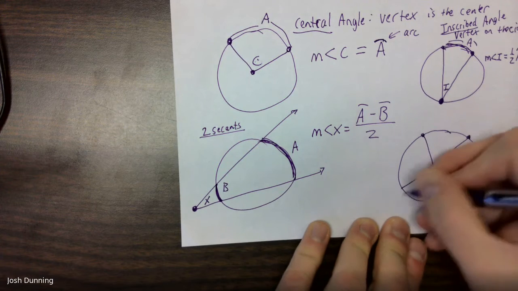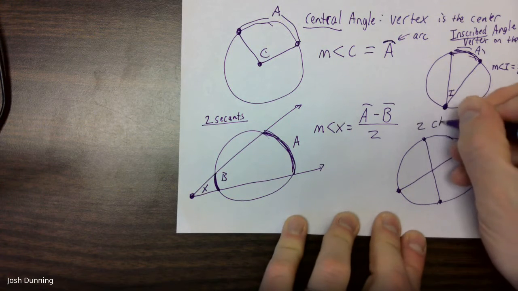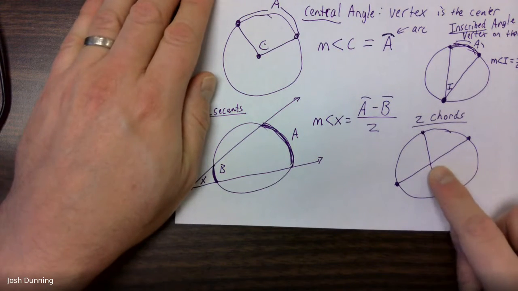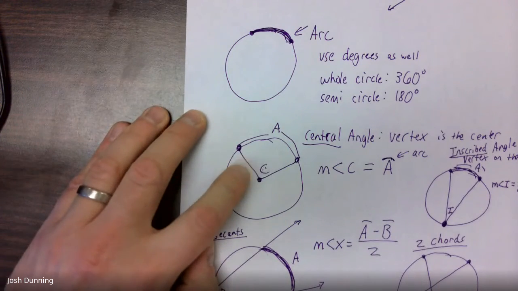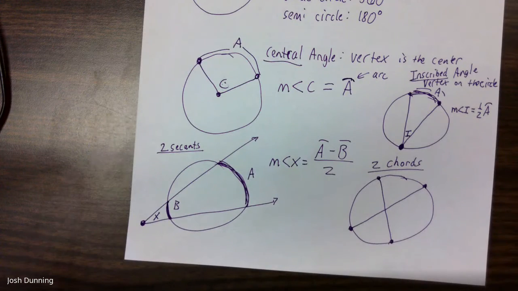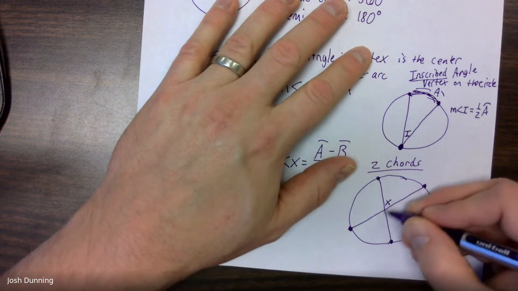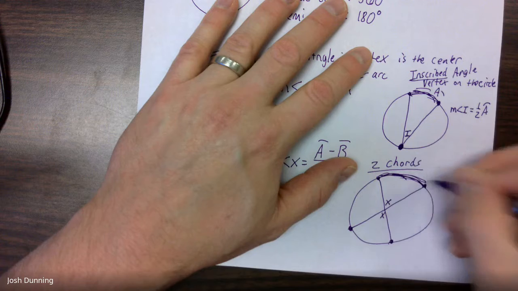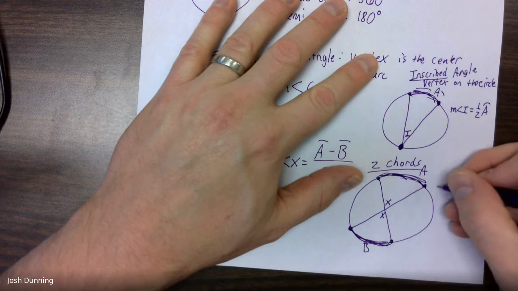If we have two chords intersecting, now they intersect somewhere inside the circle. It might not be the center, so we're not necessarily talking about any central angles. The intersection could be anywhere in the circle. The way this works, let's take a look at this angle, which would also be, because they're vertical, right there. Either one of those. This time it doesn't matter which one's bigger or smaller.